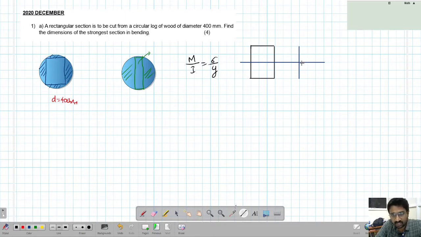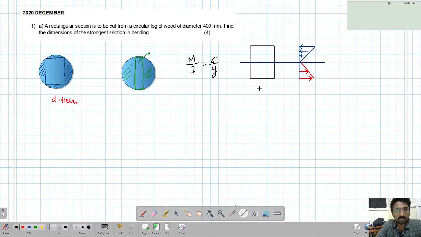If it is sagging, there will be tension here in the bottom and compression in the top.